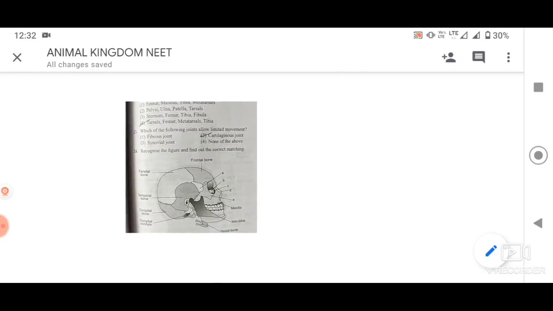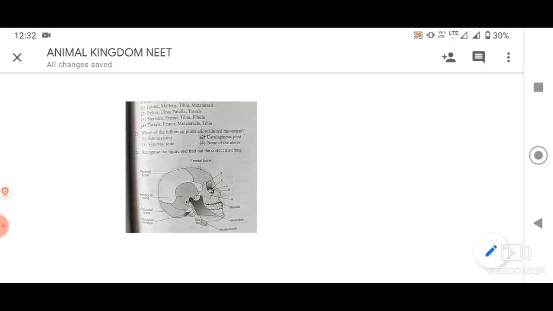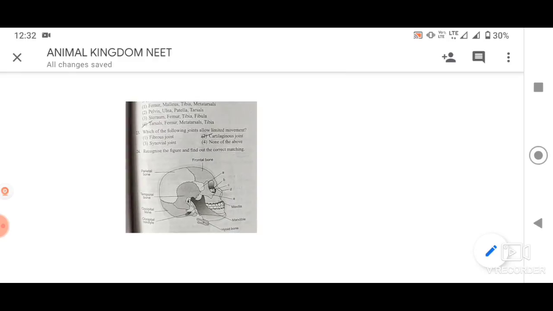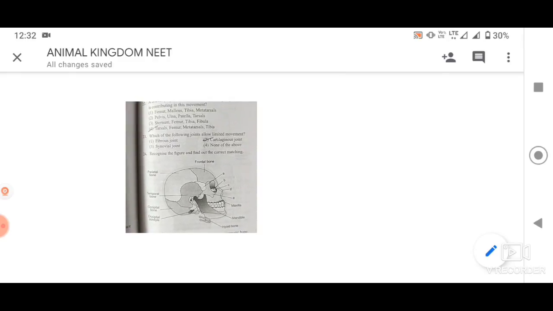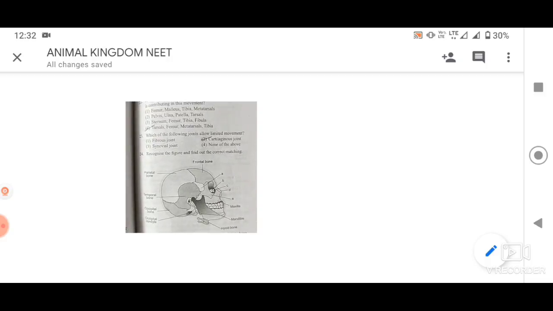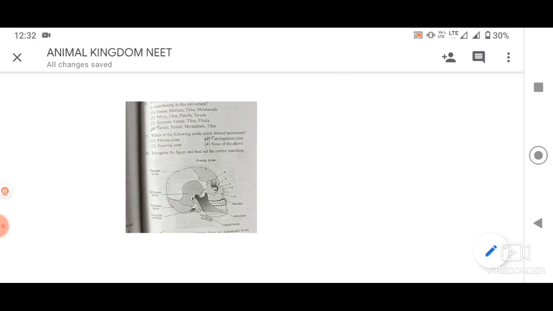But dear students, you please look at the A, B, C, D, E, the 5 options we need to identify here. See, A here represents, just in front of the temporal bone, please look at the picture. So A represents the sphenoid bone, my dear friends. And then B, just in the eye socket, you are able to observe they have marked B there.